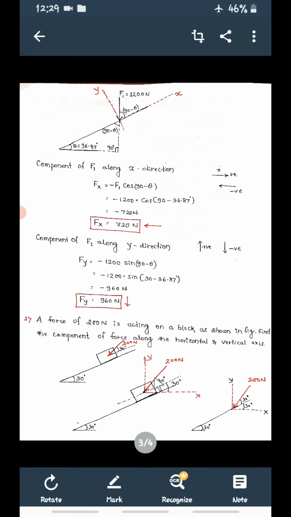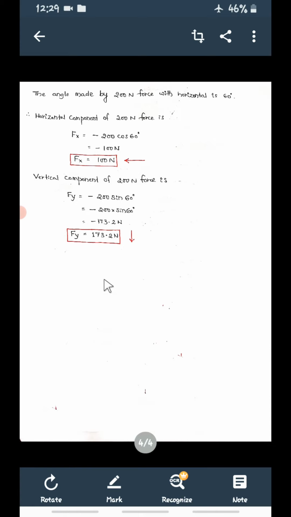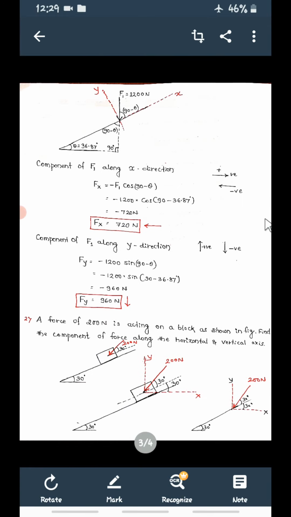Okay, it is not 30. This complete angle is 60 degree. I have drawn here the 200 Newton, this is 30, this is 30, and the total angle is 60 degree. So the angle made by the 200 Newton force with the horizontal is 60 degree. Therefore, for the horizontal component of the 200 force, make this force horizontal along the x-axis.